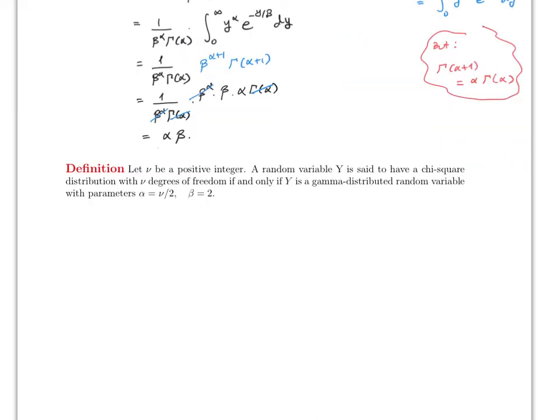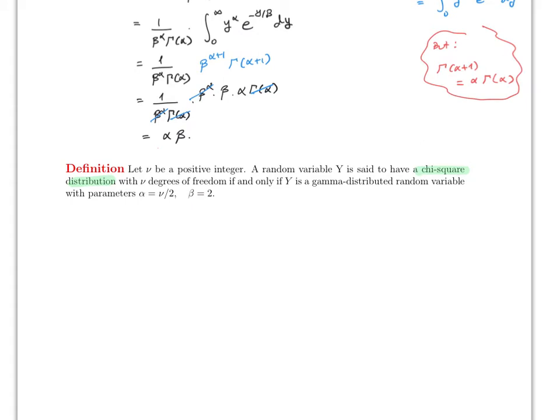Now the next definition is a very special case of a gamma distribution, which is used a lot in statistics, and it says the following: let nu be a positive integer, then a random variable y is said to have a chi-square distribution, which, like I just mentioned, is very important in statistics, with nu degrees of freedom if and only if y is a gamma distributed random variable where alpha equals nu over 2 and beta equals 2.